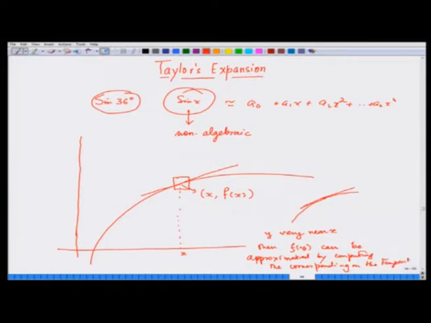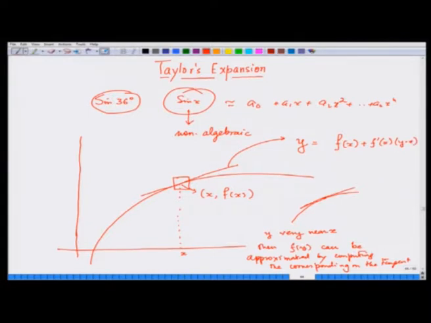If you look at the equation of the tangent, if there is a tangent and it has a slope, say m, it does not matter, which is f'(x). So, the tangent equation for this curve is y = f(x) + f'(x)(y - x).